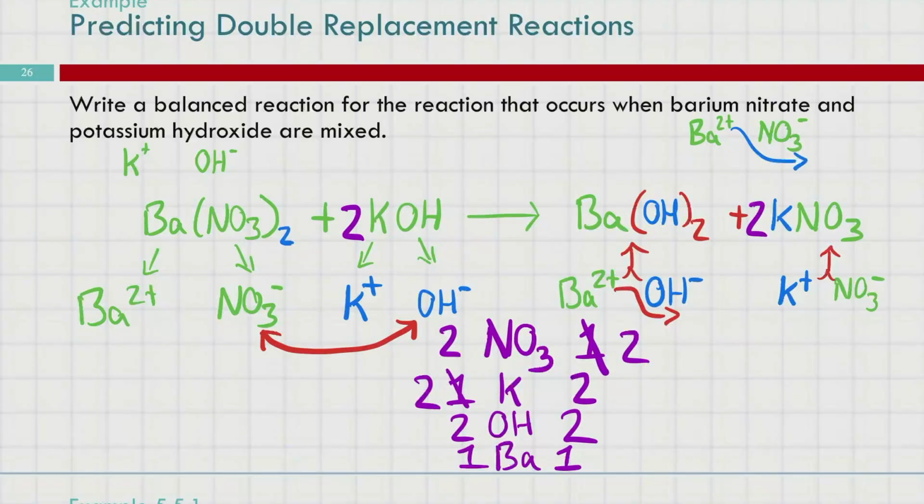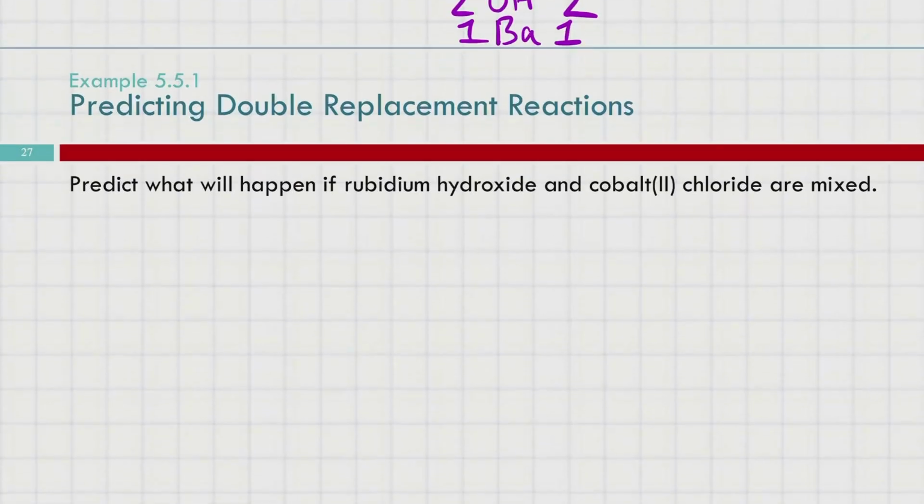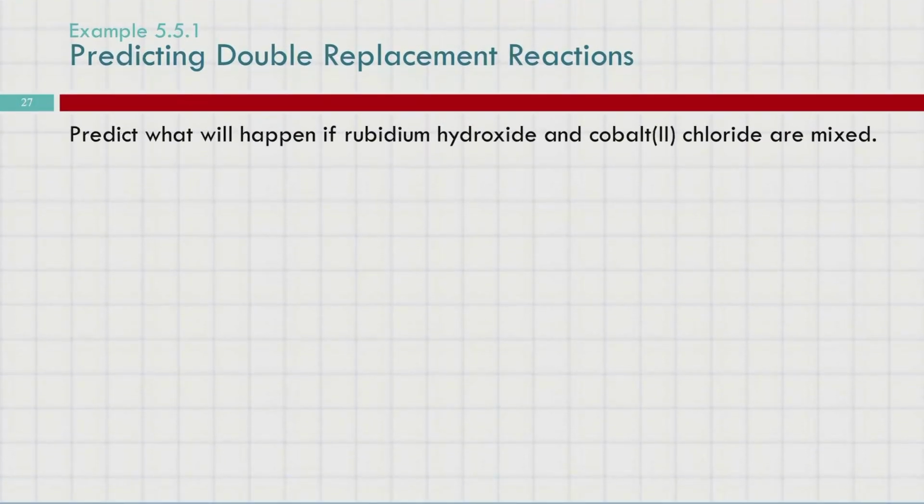Any other questions? All right, one for you to try. Predict what will happen if rubidium hydroxide and cobalt-2 chloride are mixed.